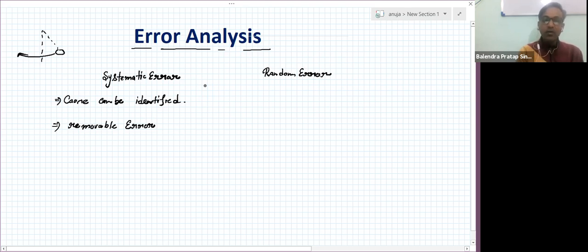But you know the cause of this error: you can switch off that fan. In that process you remove that error, and you will get fine oscillations. So these types of errors are systematic errors. You know the cause, you can remove that cause, and you will get your fine values.